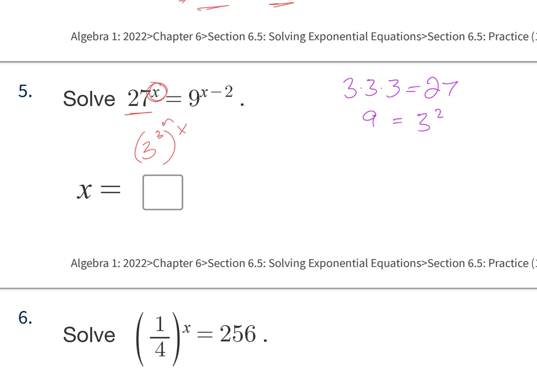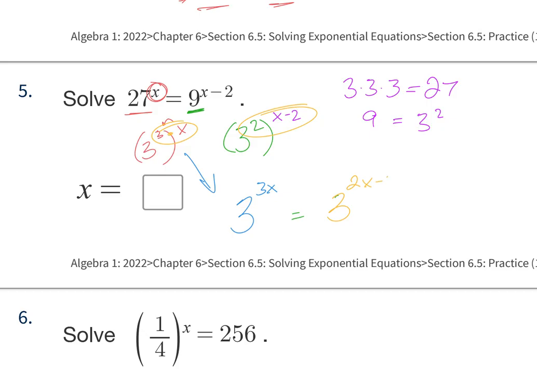And now, yes, we can rework it or distribute it, however you want to say it. A power to a power multiplies, right? This 9 becomes 3 squared, and that's being raised to the x minus 2 power. So again, power to a power, multiply the powers, and we're going to get 3 to the 2x minus 4 power. How is it 2x minus 4?